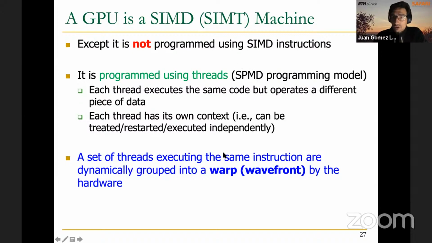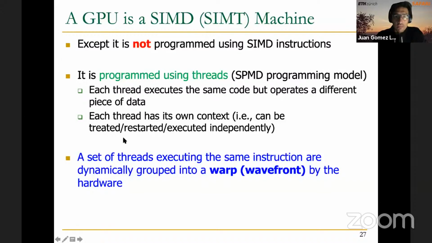There is one difference: in the UPMEM PIM programming model, we program individual threads, and then these individual threads are scheduled and executed independently of each other.